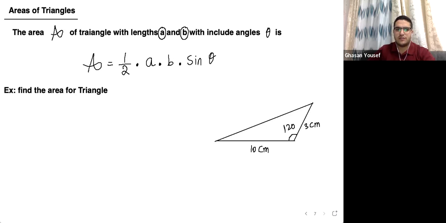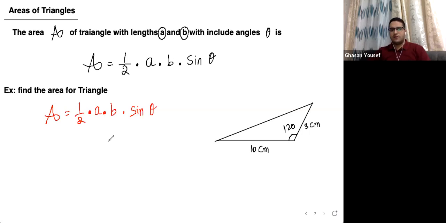So the formula for the area of a triangle is script A equals 1/2 times the length of a, times the length of b, times the sine of the angle. First of all, what's the length of a?